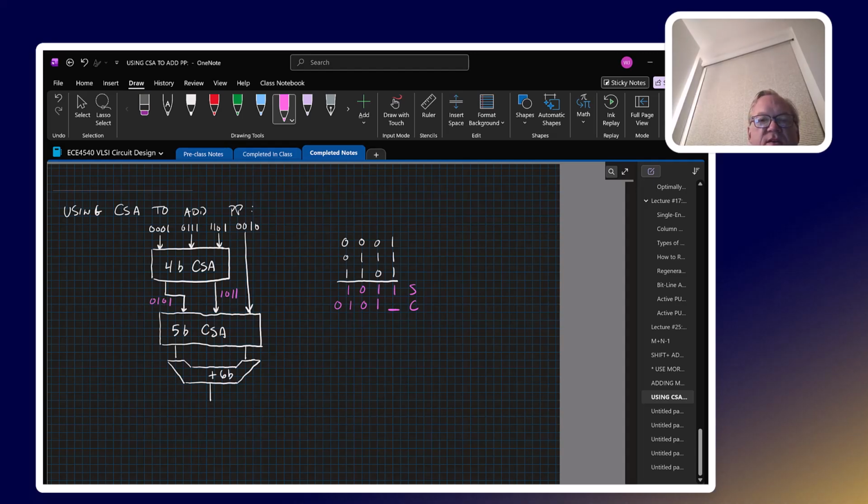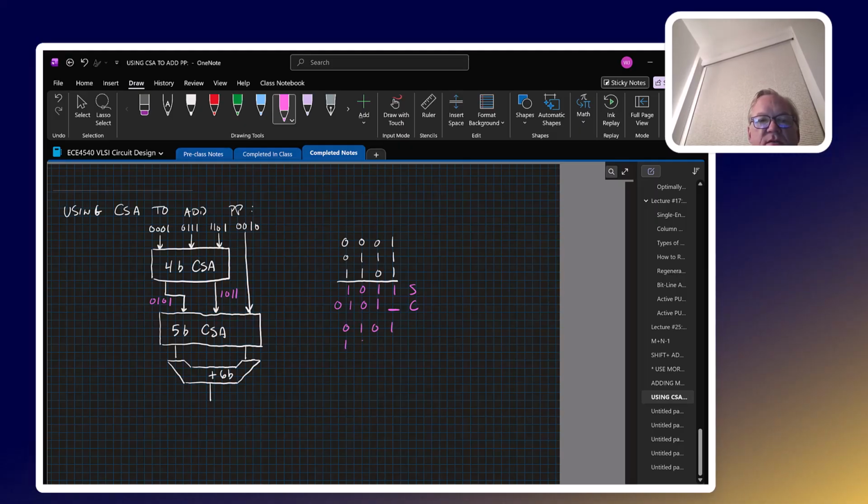We're going to now go into the second stage. So I'm going to add 0101 and 1011, in other words, the carry and sum from the first stage, to the partial product going into the second stage.